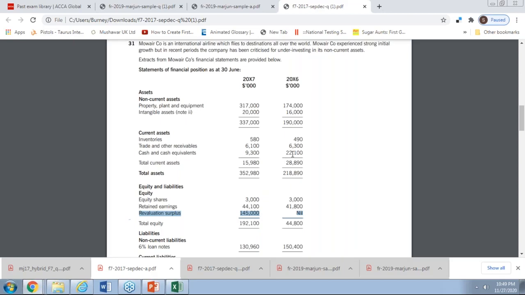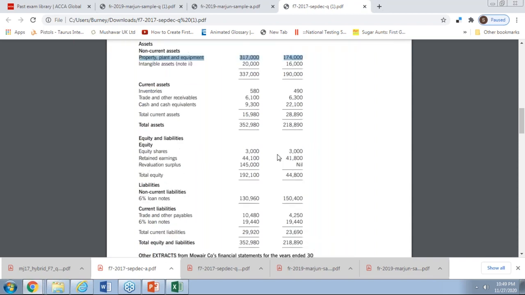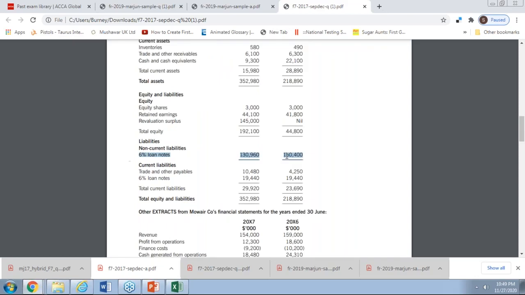Secondly, there is a substantial reduction in the cash of the company. The company is not investing in non-current assets. This is the third point. Then the company has paid part of its loan. Fourth point, there is a substantial increase in the trade payables of the company.